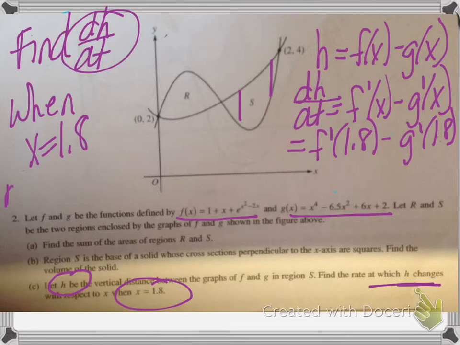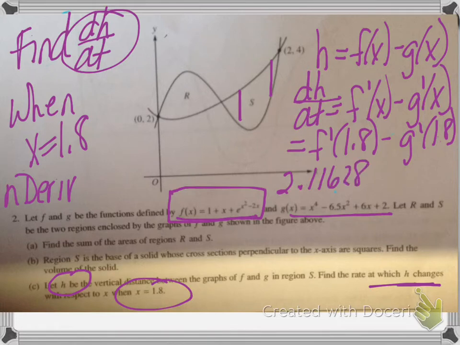This is the one on the calculator that says nDeriv. I think it's at math 8. This is why it's great to have the calculator, because you could not do this by hand. So for f prime of 1.8, you go into math 8, put in the function, and then put in 1.8, and you should get 2.11628.